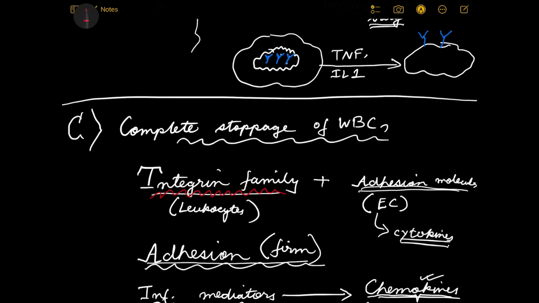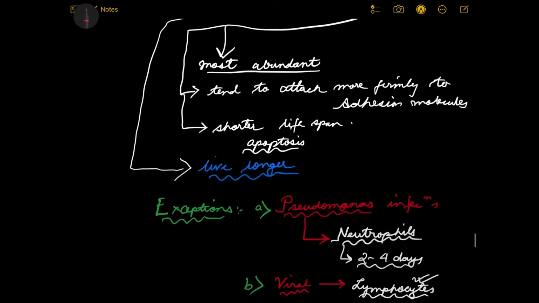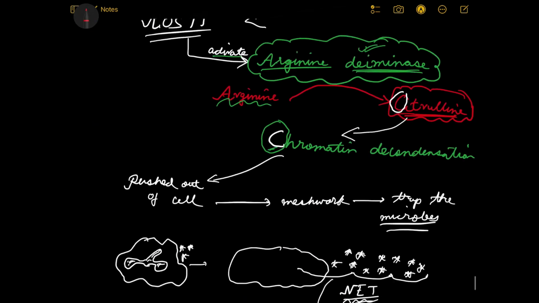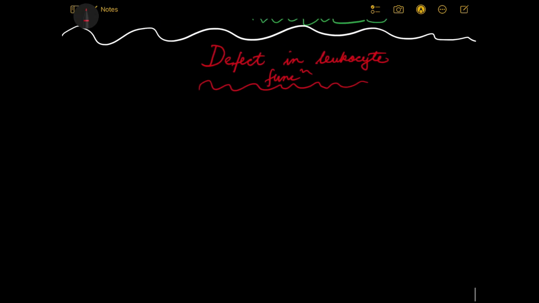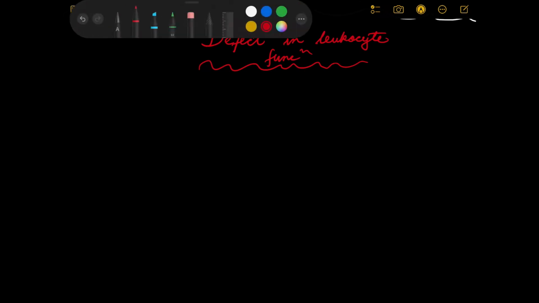So now with that knowledge at the back of your mind, let's talk about what would happen if there was a deficiency in those molecules. So suppose you don't have enough integrin, or you don't have enough sialyl Lewis X. What would that lead to?